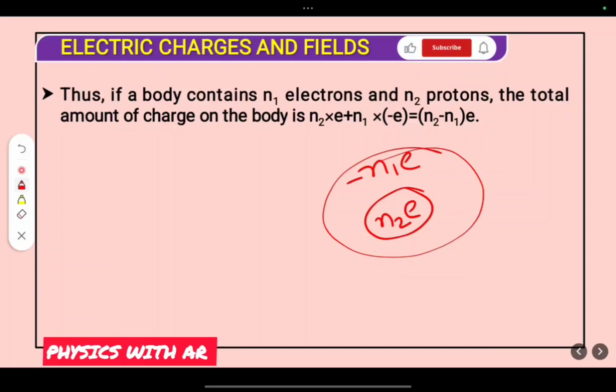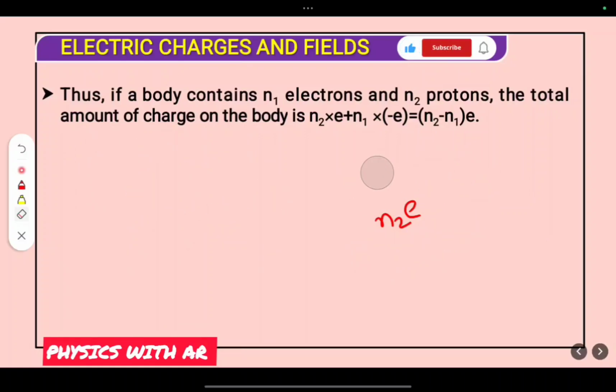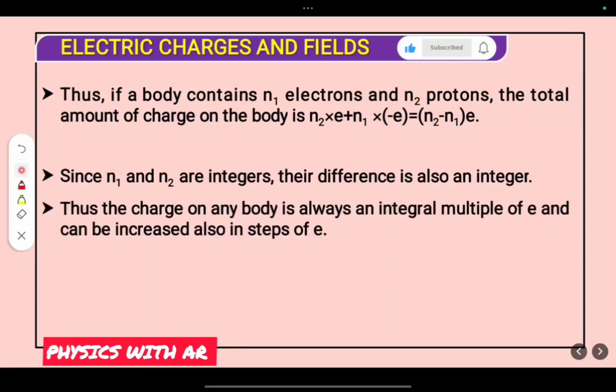If electrons are transferred from one body to another, for example between two bodies A and B, the difference we obtain is N2 into E plus N1 into minus E. That means the difference is obtained in integral form. That's why we say charge is quantized. It is always an integral multiple of E and can be increased in steps of E.